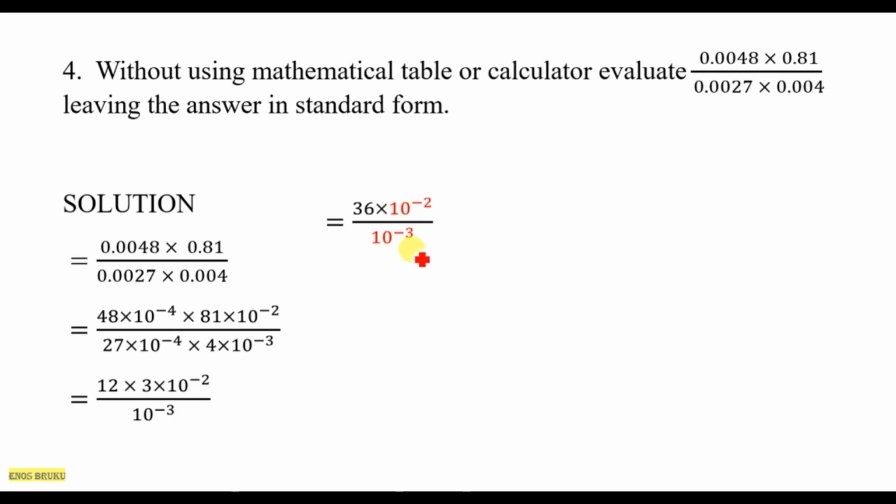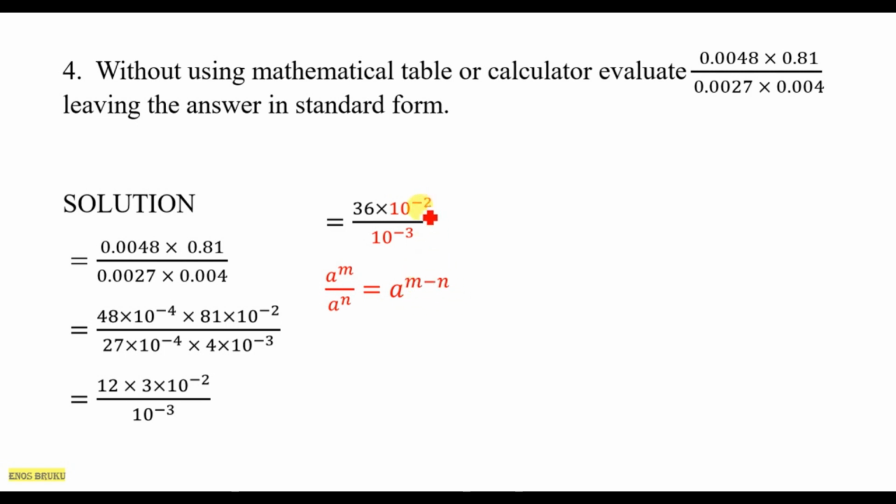So what do we do to this? We learn in indices that whenever we have the same base dividing the same base, we can repeat the base, and then subtract the exponent of the denominator from the exponent of the numerator. In this case, we have 10 exponent negative 2 over 10 exponent negative 3, which means we have the same base, and therefore we can manipulate the exponents.